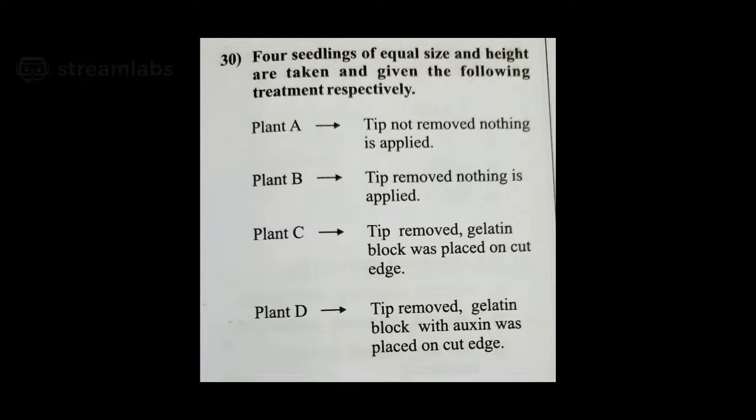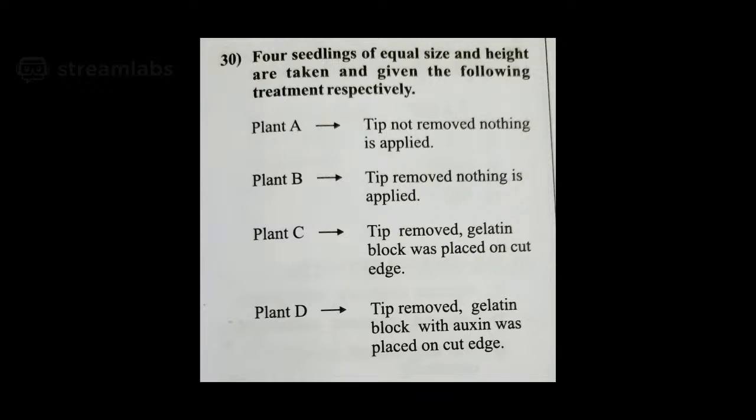Plant A, this is an application question. Think of an answer. Tip not removed, nothing is applied. It is left to grow naturally. No changes. No damage to the tip. That is plant A.